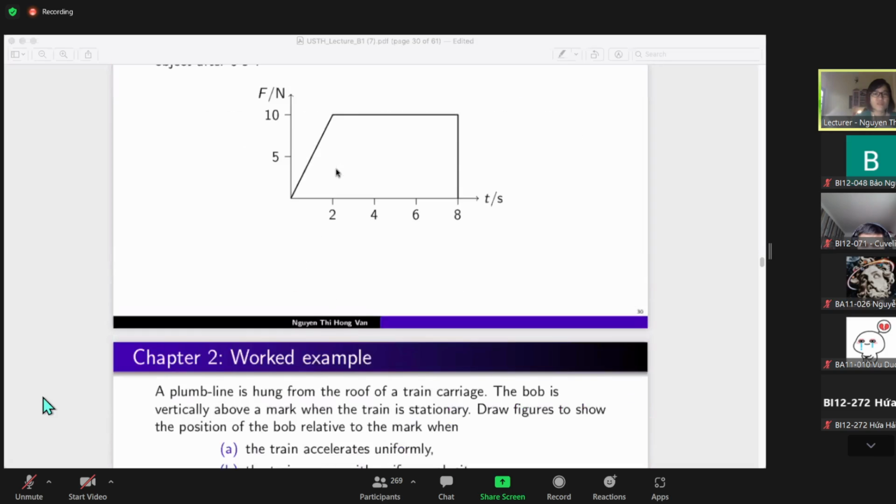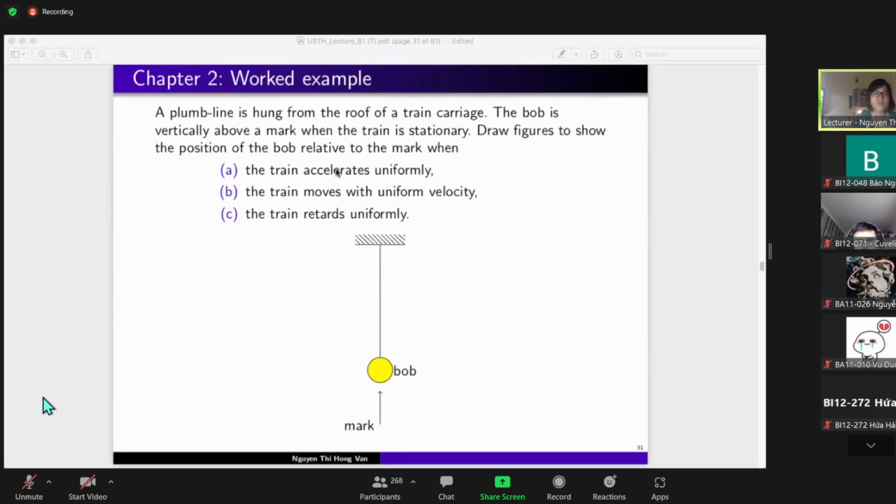So we are moving to the next example to apply the second law of Newton. In this exercise, we apply the form of the law of Newton, F. This is the second law of Newton.